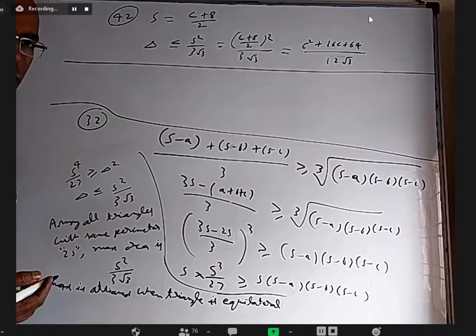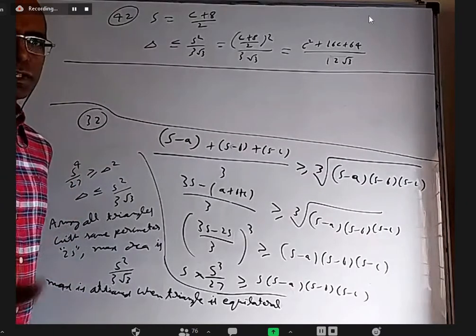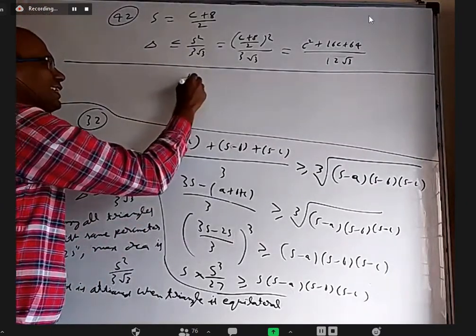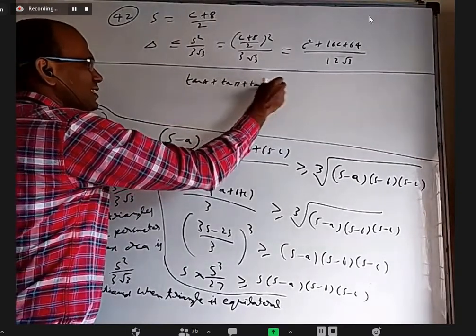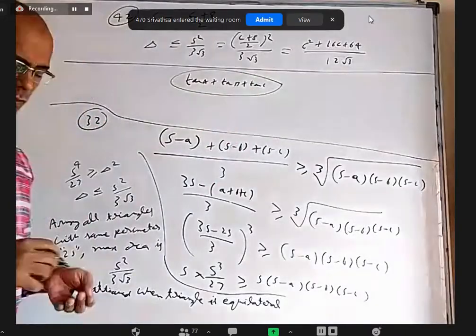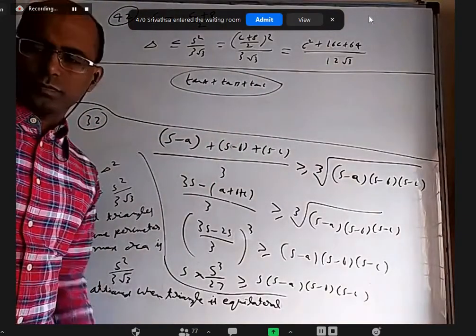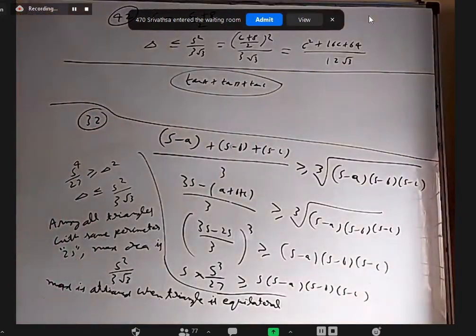Okay, let me ask another question. You don't have to give me any explanation, just what you feel. If you take any triangle you want, tan A plus tan B plus tan C, the total value. What is the range of that? Anybody want to give any idea?